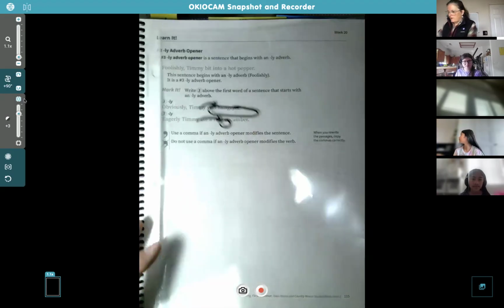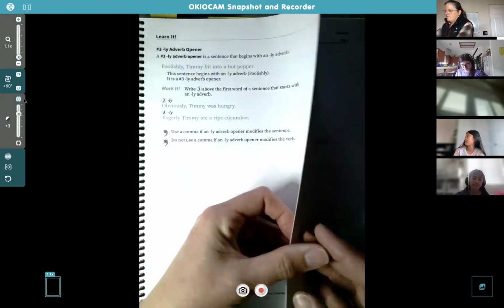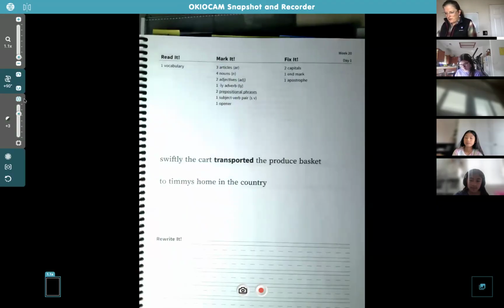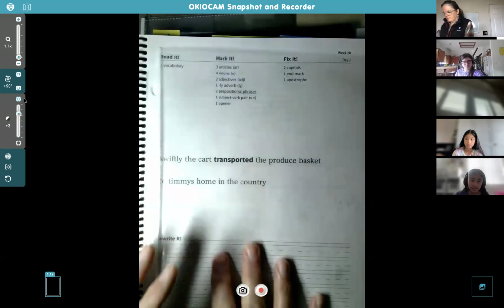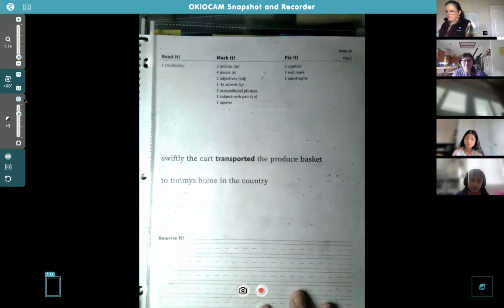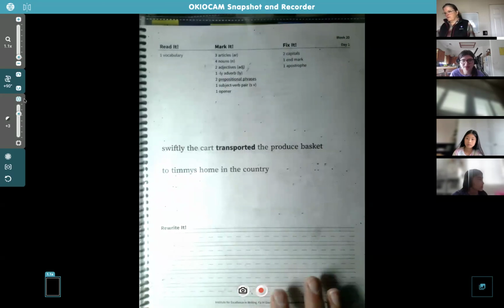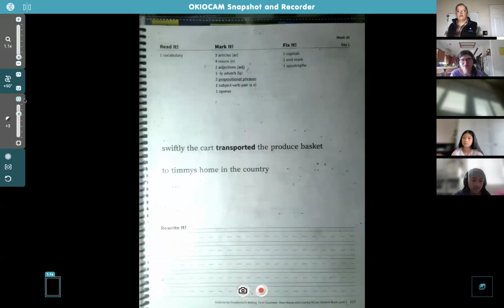Good morning, everybody. We're going to move on to page 117 now. And how about Megan? Can you read the sentence, please? Swiftly the cart transported the produce basket to Timmy's home in the country.